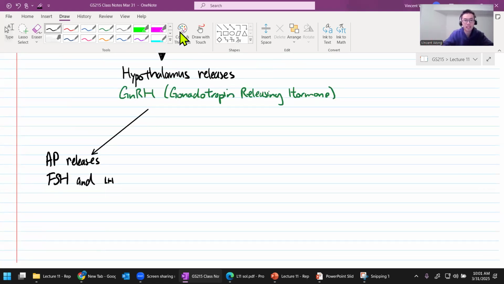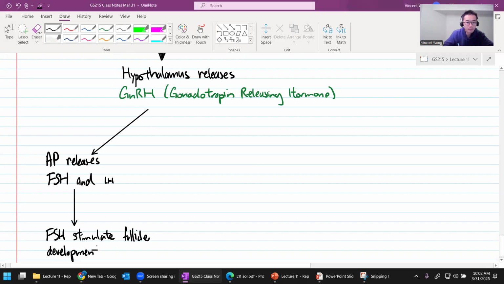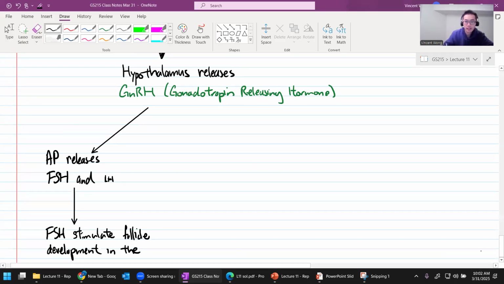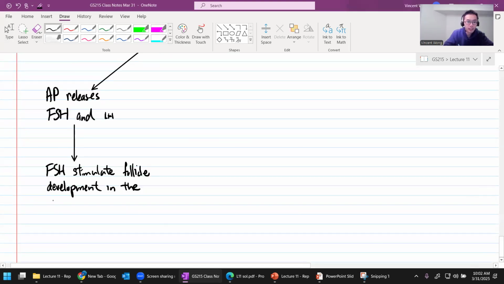Again, we're just doing a simplified version of this. So FSH travels to the ovaries and stimulates follicle development in the ovary.